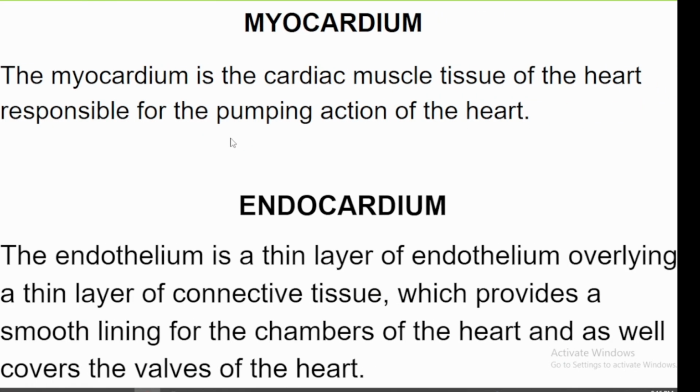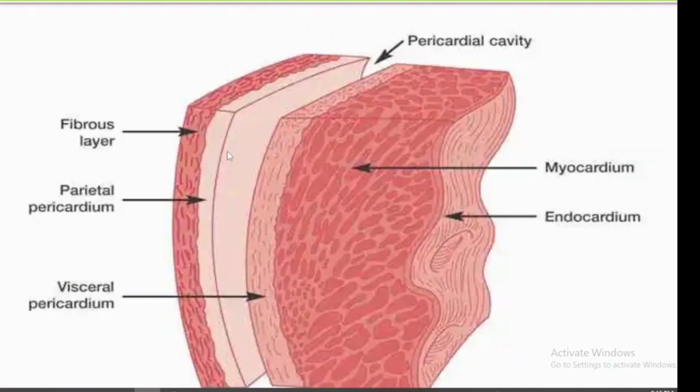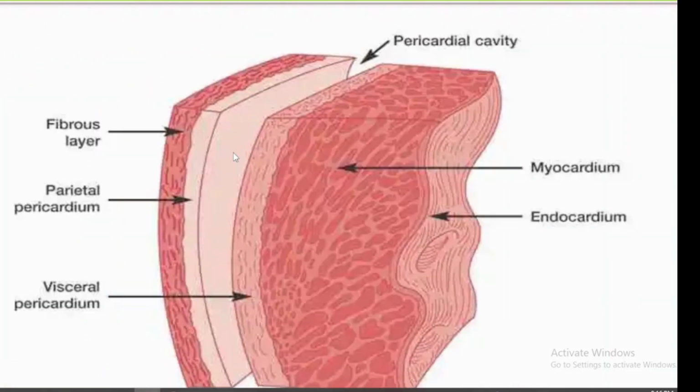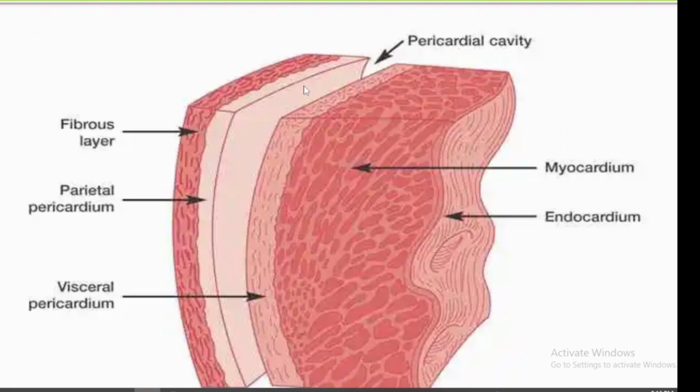This whole space is what we are calling the pericardial cavity. In that cavity is where we have our serous fluid that helps to lubricate the heart as the heart is pumping or as the heart moves. You understand? That's what we're talking about here.